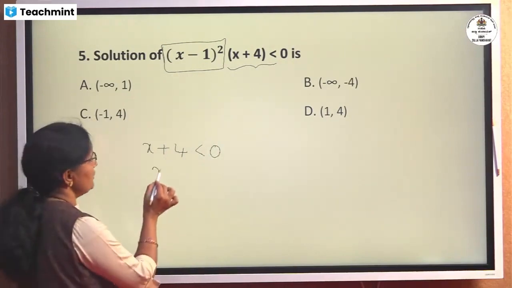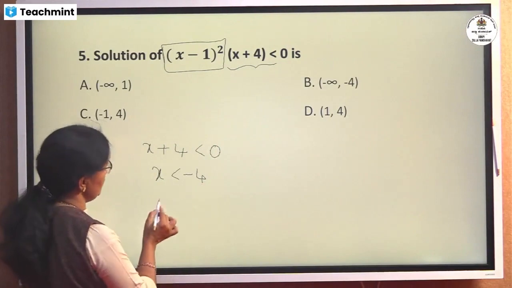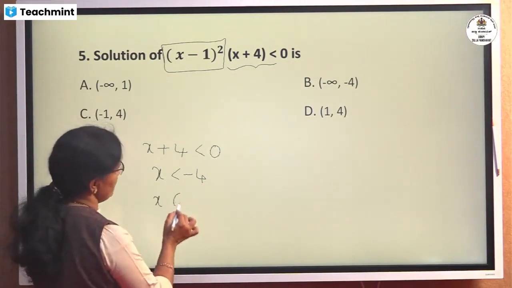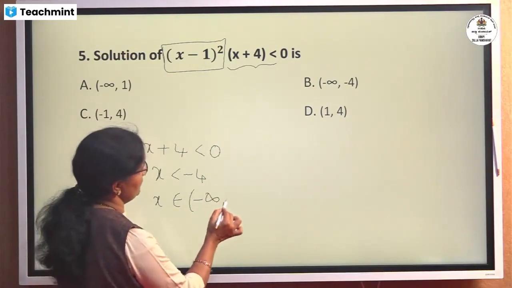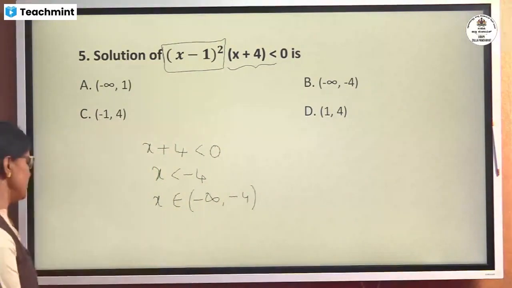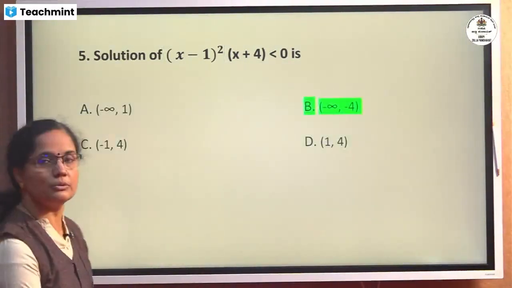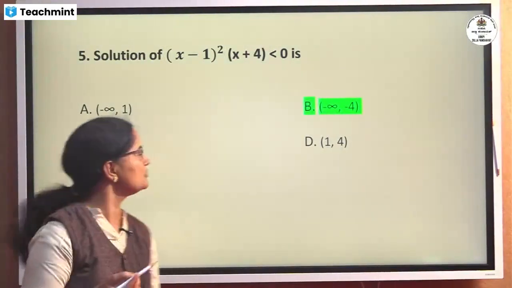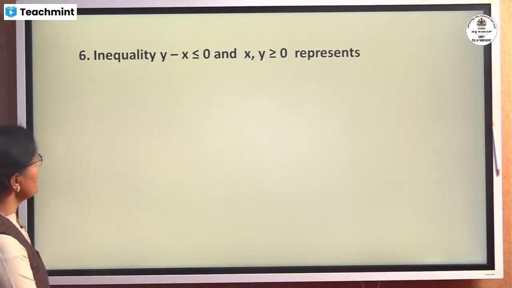If x plus 4 is negative, what is the value for x? X is lesser than minus 4. Therefore, x belongs to which interval? Lesser than minus 4, minus infinity to minus 4. Both are open because strict inequation is there. Therefore, the answer is minus infinity to minus 4. So, let me go for the next question.